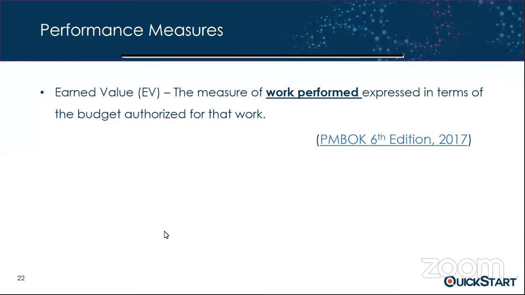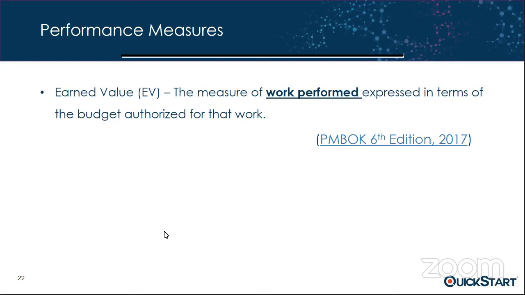Okay, so that's step 1, and that's about getting that planned value metric. The next performance measure that we want to calculate is the one for earned value. And earned value is a measurement of the work performed. In other words, this is the work that we've done, but it's expressed in the budget authorized for that work.